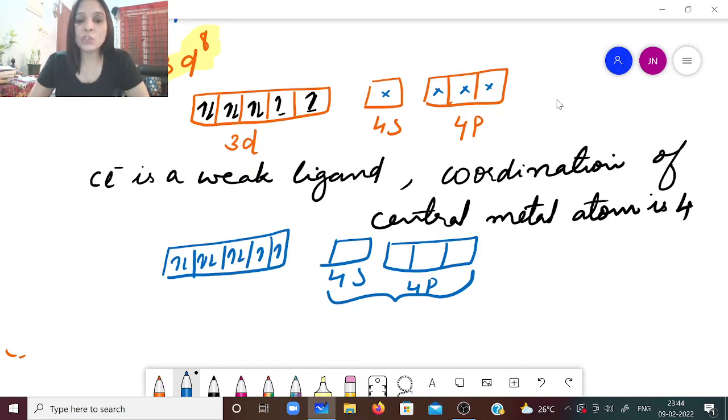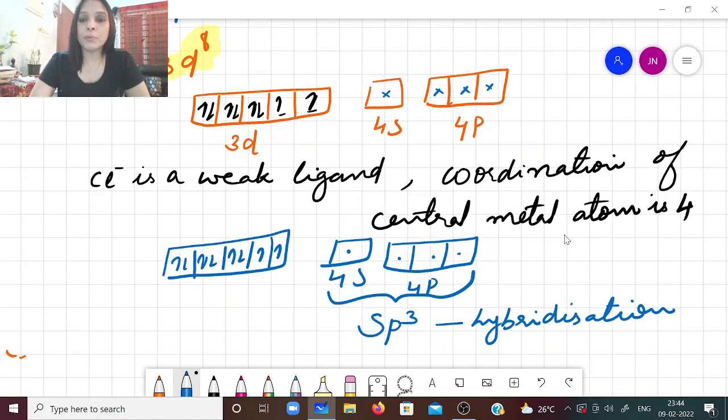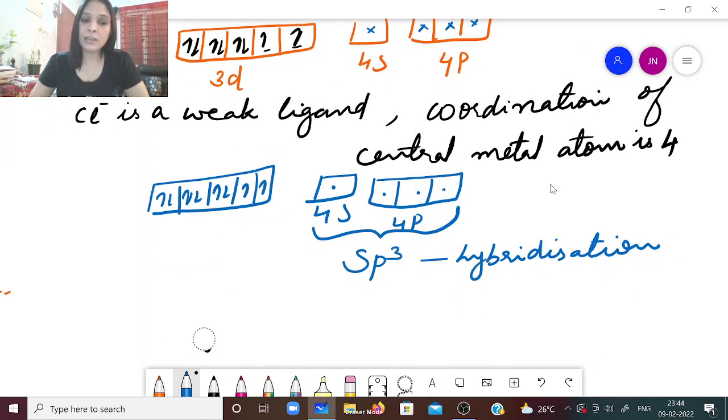So the hybridization is one s orbital and three p orbitals, so the hybridization is sp3. So for our first question, the answer is sp3 hybridization. Now if it is sp3 hybridization, the shape of the complex will be tetrahedral.